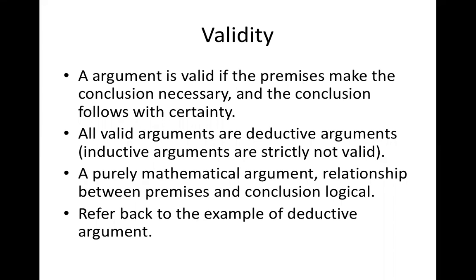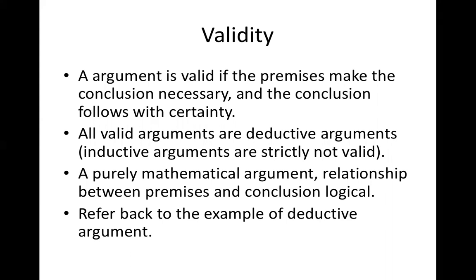If you have 2 plus 2, there's a particular conclusion that must follow. There's no argument. We don't waste time about what it is. If it's 2 plus 2, then it must be 4. That's why we say an argument is valid if the premises make the conclusion necessary and the conclusion follows with certainty.